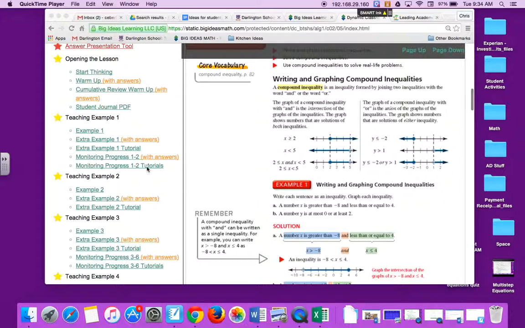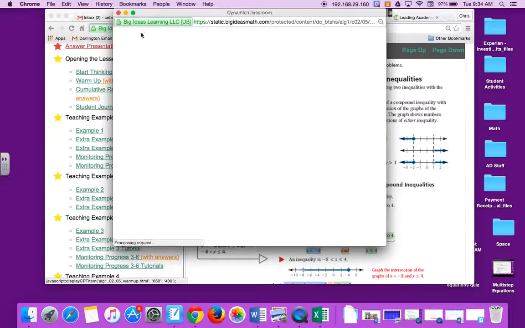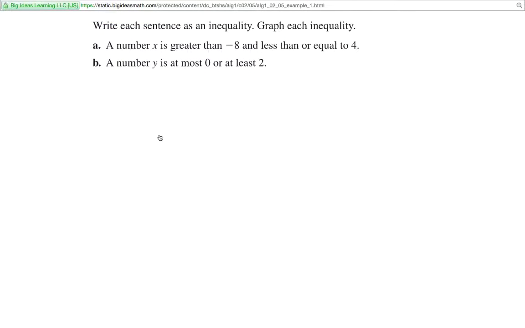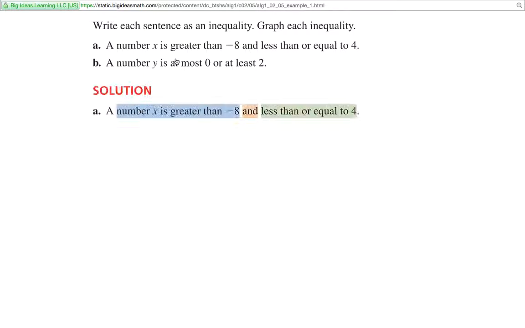Okay, so here are some examples. Example number 1. Write each sentence as an inequality, and graph each inequality. Letter A: A number x is greater than -8 and less than or equal to 4. First we're going to pull out the keywords. A number x is greater than -8, so get your greater-than side, and the keyword "and" means it's going to be an intersection between the two of them.